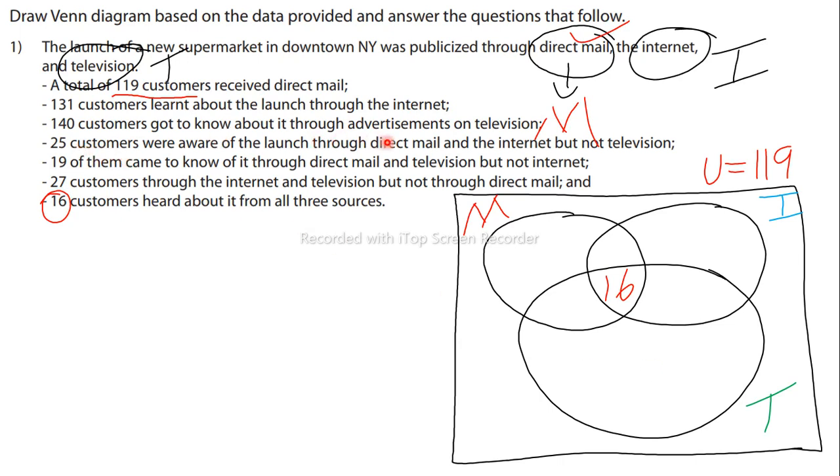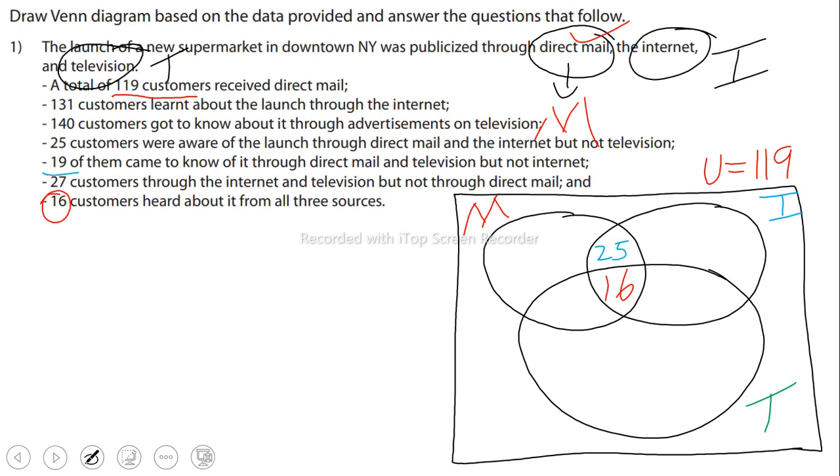Above 16, because they say they got it through direct mail and internet, not television. So it'll have to be this intersection right here, between mail and internet. So this is going to be 25. Like I say, do your intersections first. They're usually the ones that you can do first. All right? So do your intersections first.